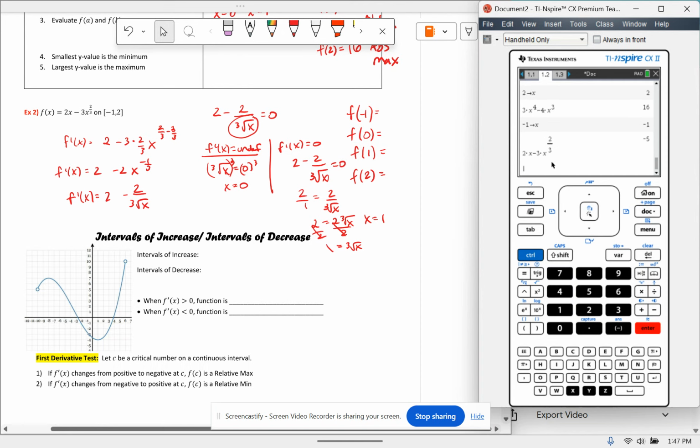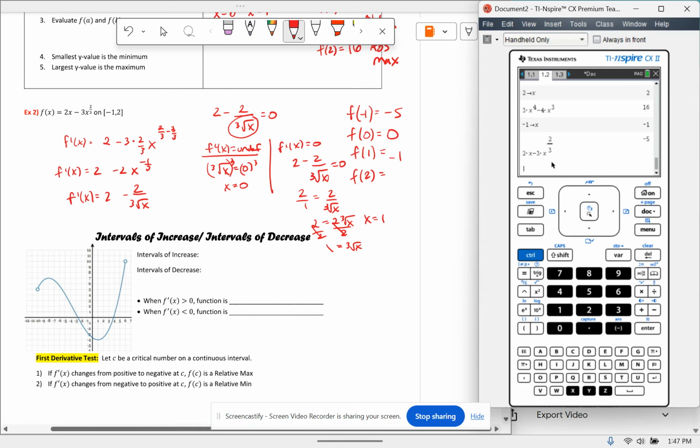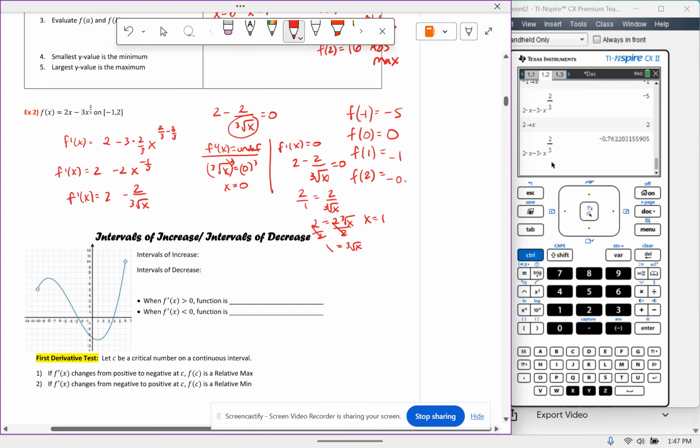Okay, so f of -1 is -5. F of 0 is just going to be 0. F of 1 is going to be 2 minus 3, which is -1. And f of 2, who knows, is a scary decimal.